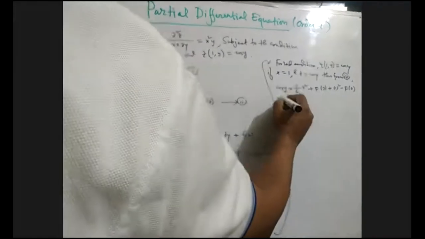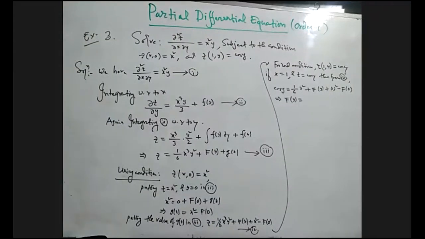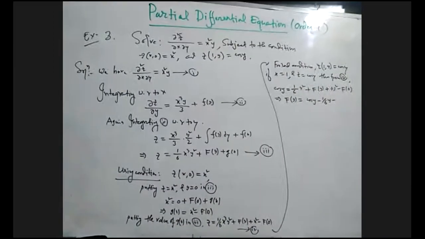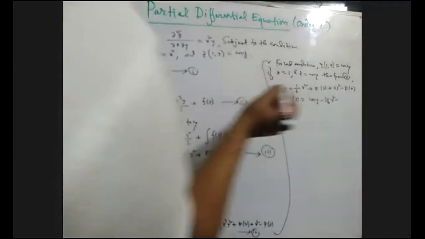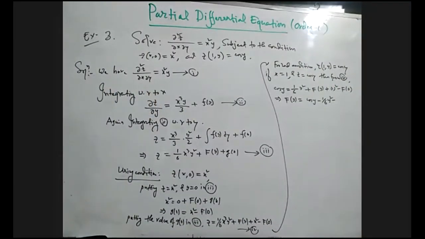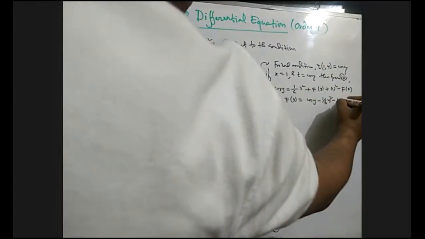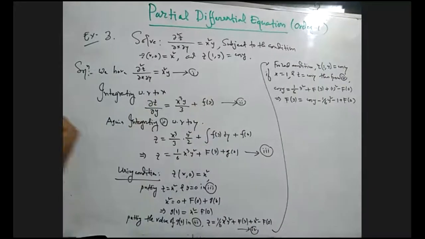So from here we can find f of y equals cos y minus 1 by 6 y square minus 1 plus f of 0.